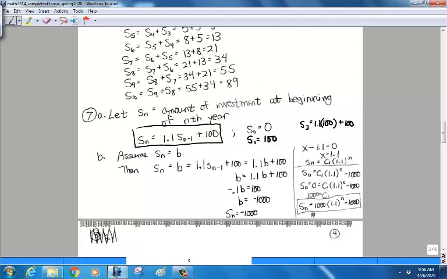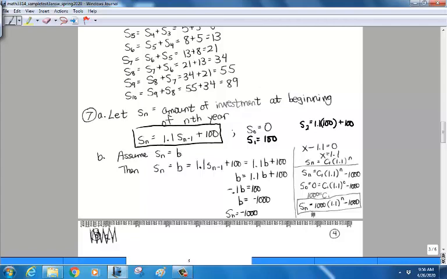So first, we're going to just assume S sub n is equal to b, where b is a constant. Now, if S sub n is equal to b, but it fits this recurrence relation, that means S sub n has got to be this constant b, but it also has to be equal to 1.1 times S sub n minus 1 plus 100, because S sub n has to match this formula that we're assuming, but it also has to match the original recurrence relation.